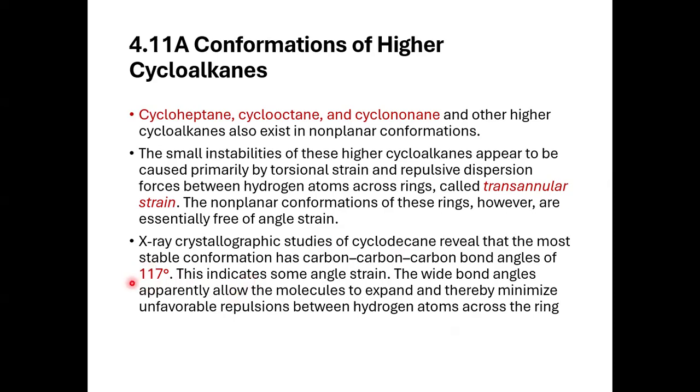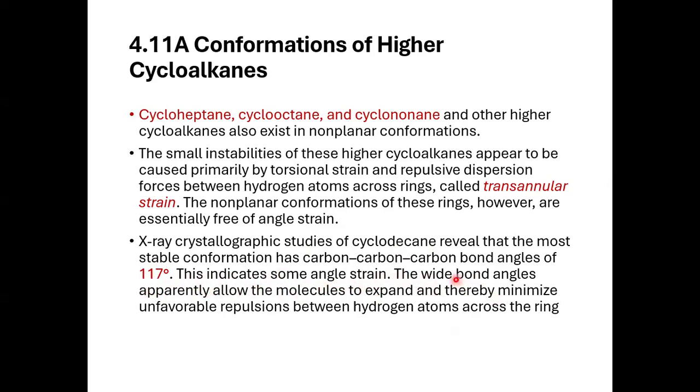Because of this, you're expecting the carbon-carbon angle to be 109.5, but it's more than 109.5. This indicates some angle strain because it's too much. There is angle strain if the bond angle is less than the expected bond angle for a particular sp3 hybridized carbon. If it's also more than its normal bond angle, this also indicates some angle strain.